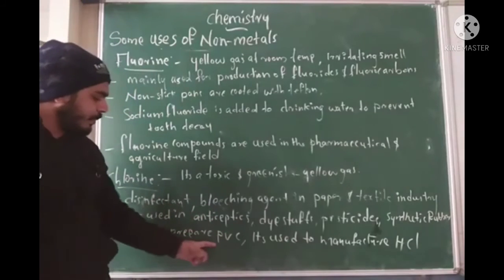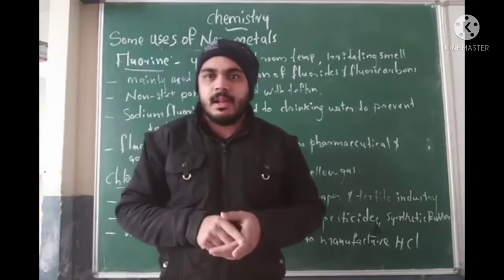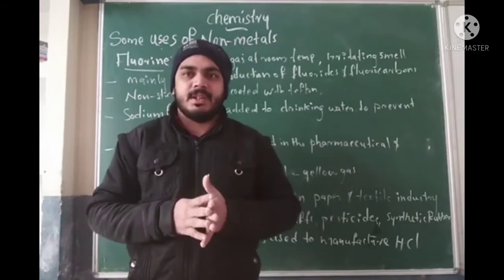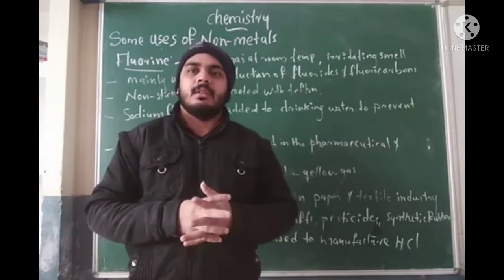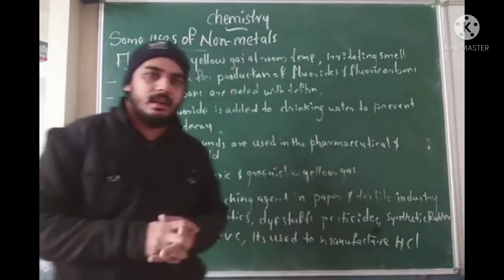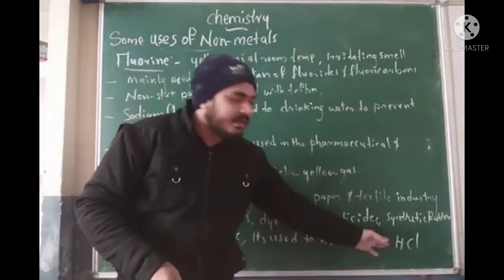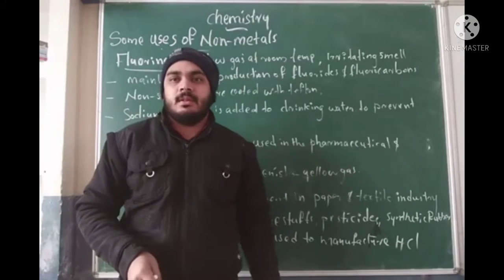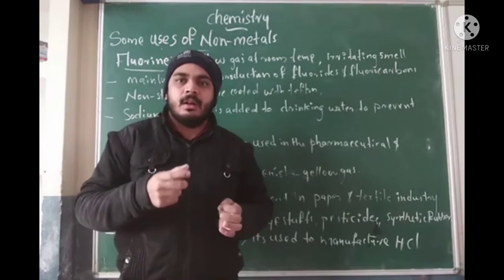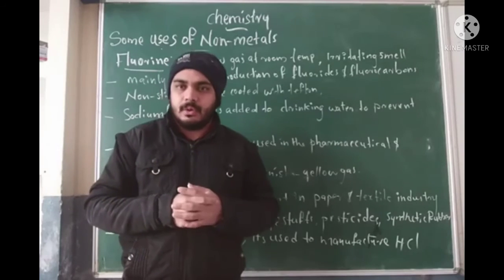Next, it is used to prepare PVC. PVC means polyvinyl chloride, which is used for manufacturing pipes. Chlorine is a major and important component. And it is also used to manufacture hydrochloric acid. These are the basic uses of chlorine.